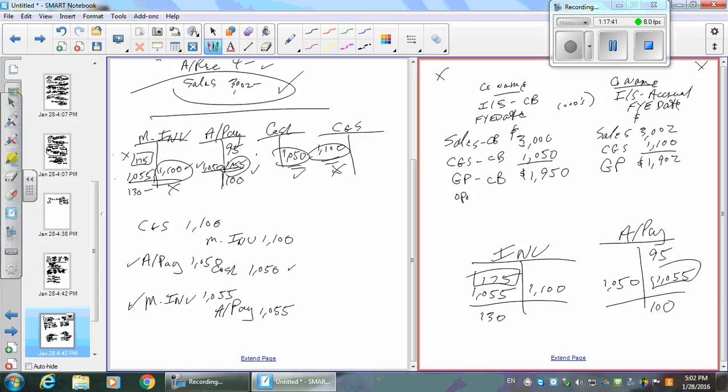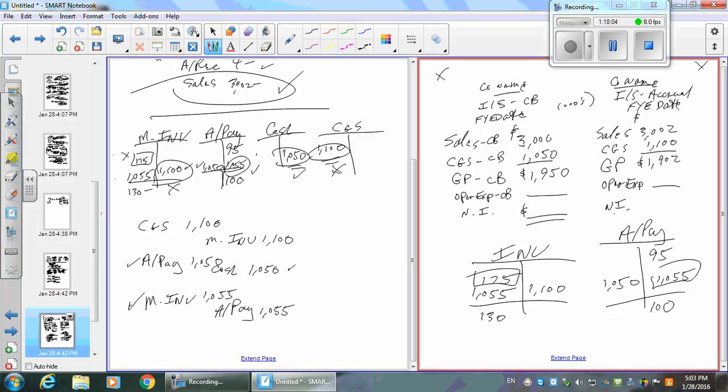What do we have left to do? Figure out the net income. Operating expenses. And when I take that away, I'll have my net income. That's all I gave you were those types of expenses. And of course, in real life, you have more. So this is going to be operating expense cash basis, how much cash went out for it. And this is going to be my accrual basis operating expenses, right? And the difference is going to be my net income.